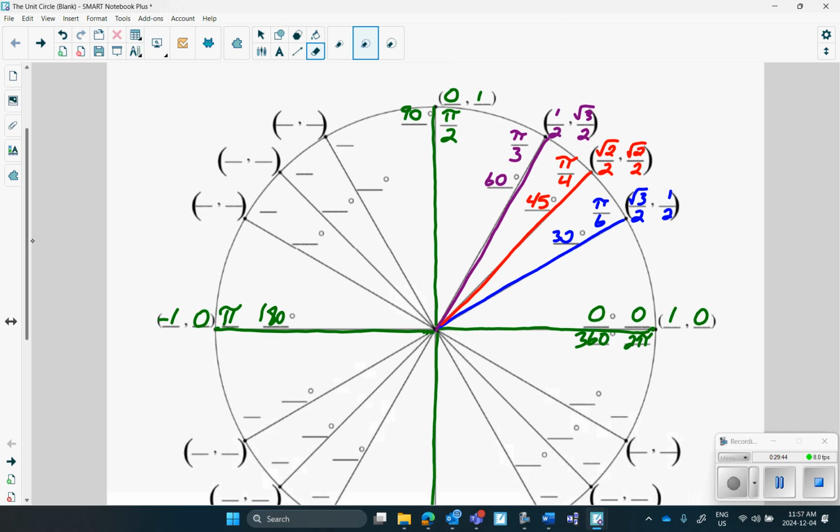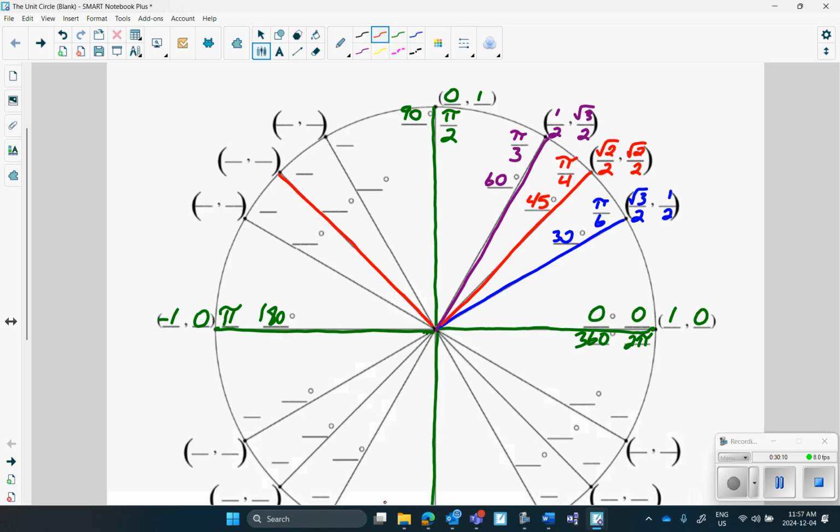Let's look at the segment in quadrant 2 that looks like it is similar to the 45-degree one in quadrant 1. Which of the 3? The middle one, right? So we need the angle. Well, what's the angle in degrees?